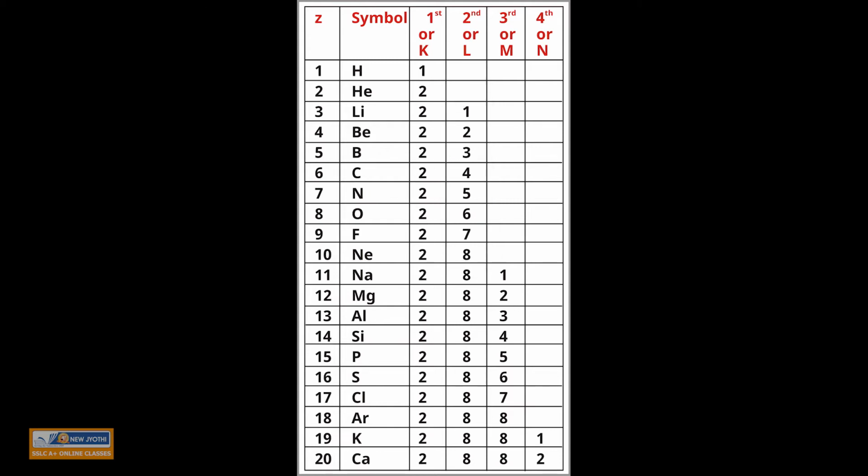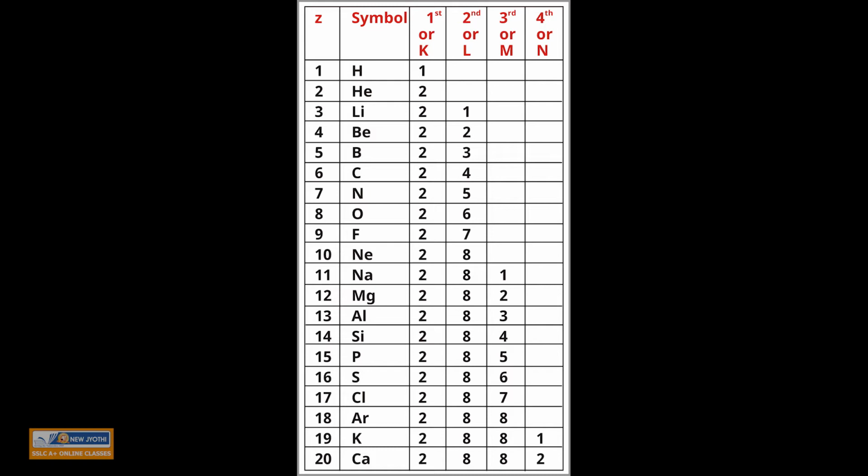Whereas coming to the next one, magnesium, of course, the maximum capacity of the L shell is complete at 8. So it is going to the M shell. The M shell has a capacity of 2 into 3 squared, that is 18.